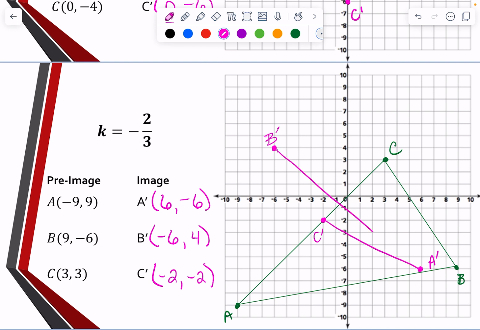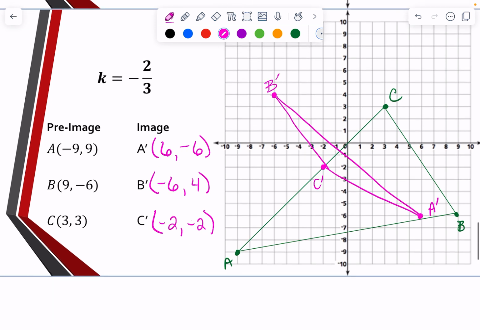So when we graph that, and there should be our shape. Okay? And that is how we go about doing a dilation with a scale factor.